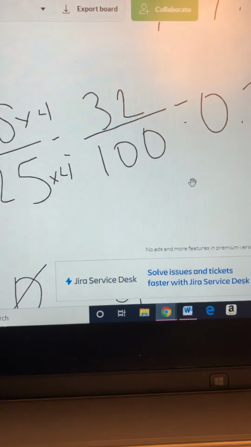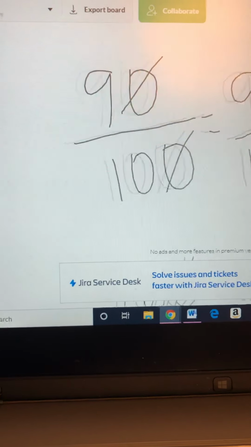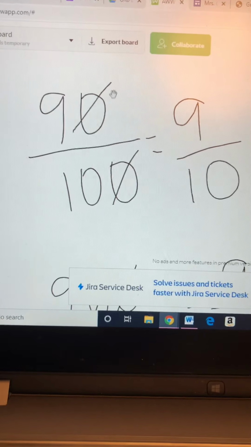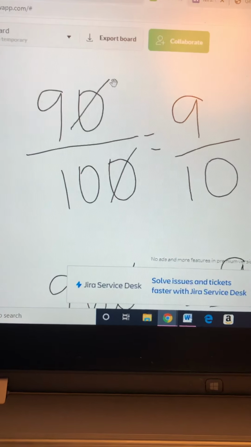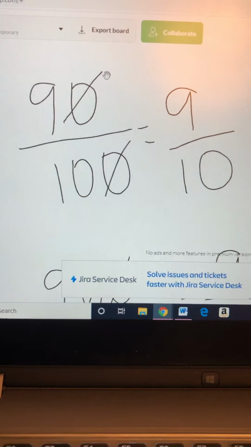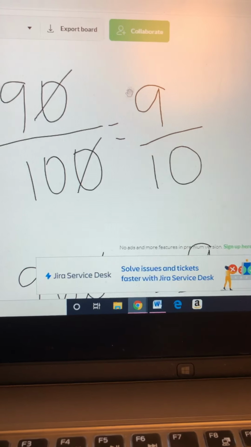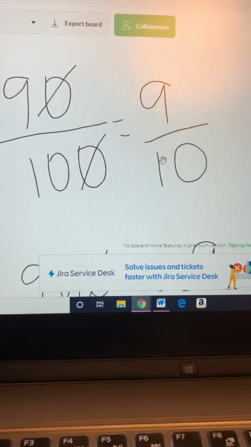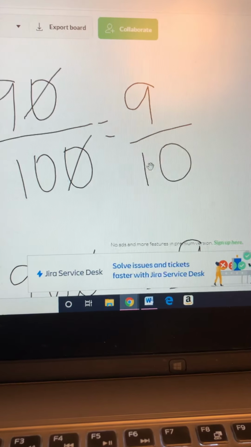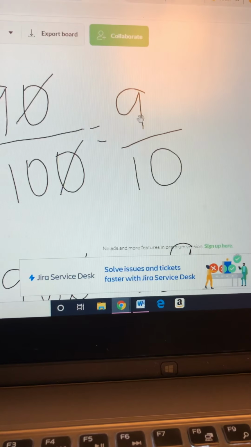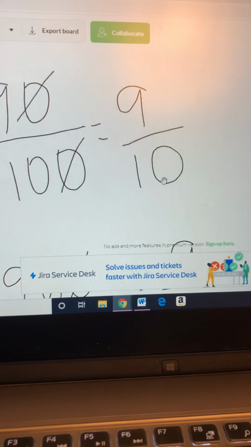How do we do that? Remember that over here. For this example, we simplified basically by canceling out the zeros and writing the simplified version. If this fraction can continue to be simplified, then you need to do so. Coincidentally, 9/10 cannot be simplified because none of the factors of 9 are in common with the factors of 10.